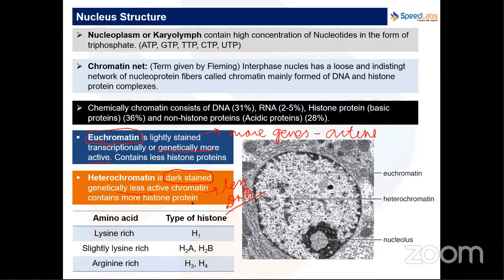This is genetically less active because fewer genes are present. All right. So heterochromatin and euchromatin, this is asked in the NEET exams. So this is a NEET question. Be very careful while you're doing this.